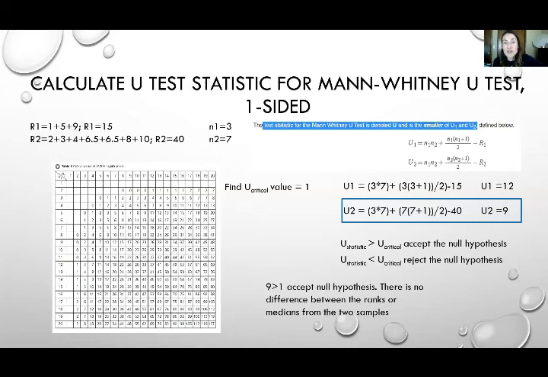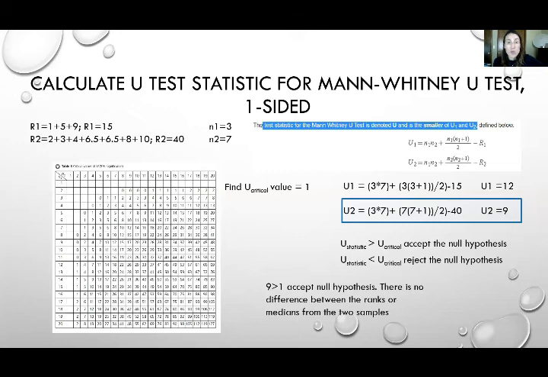And so you calculate the U1 and U2, and then to decide which value to use as your test statistic, you find the lower of either U1 or U2. So in our case, U1 equals 12, U2 equals 9. So 9 is our test statistic value that we are going to compare to our critical value.